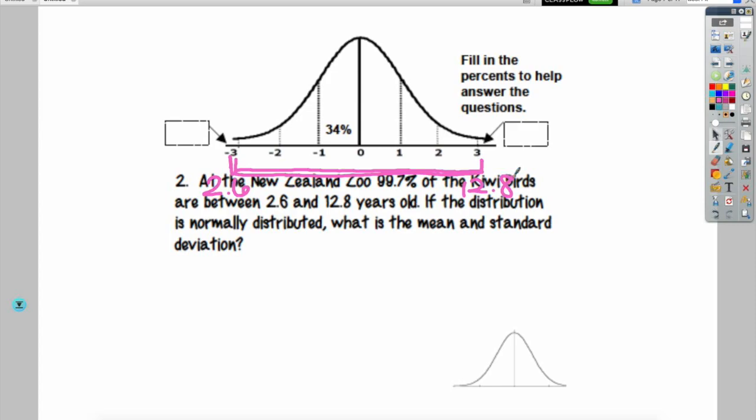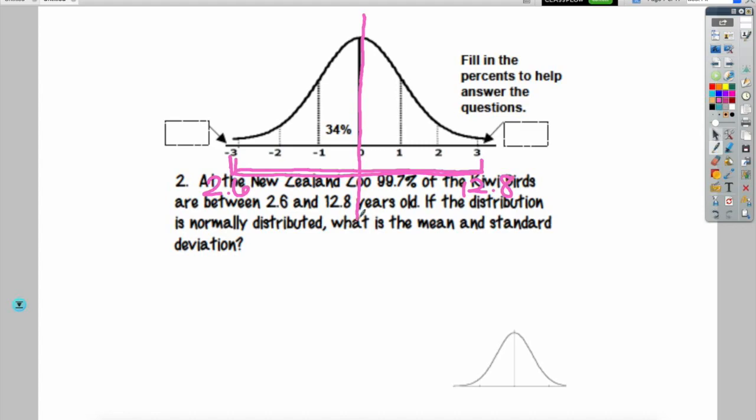So if the distribution is normally distributed, what is the mean and standard deviation? So this one, you're actually trying to figure out, okay, what is this value right here in the middle? And then after that, what is the spread?